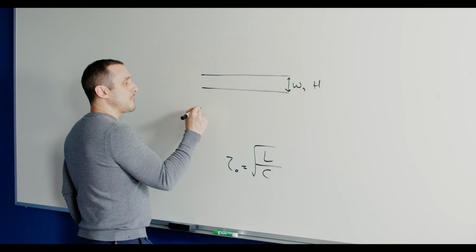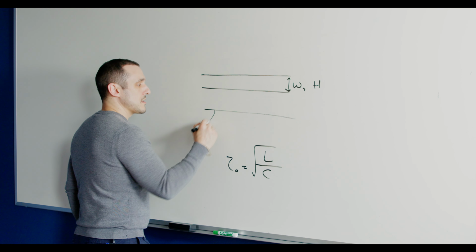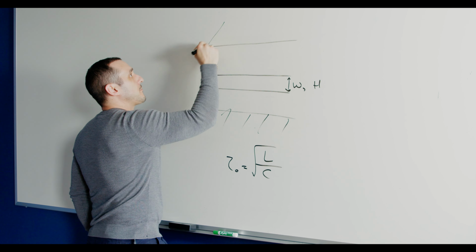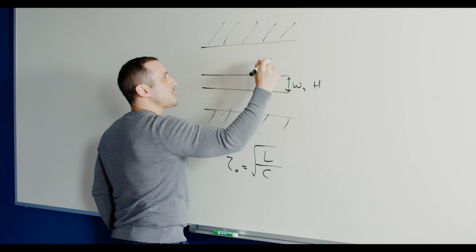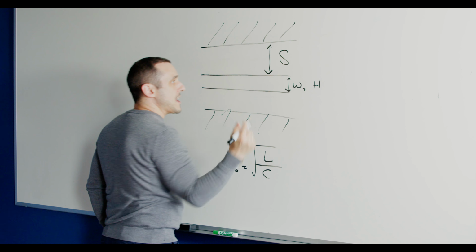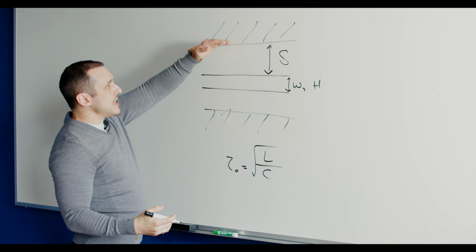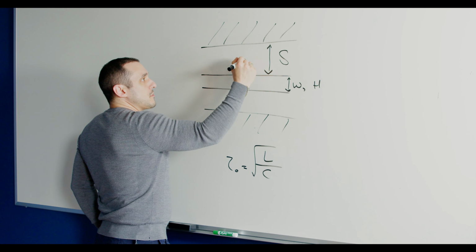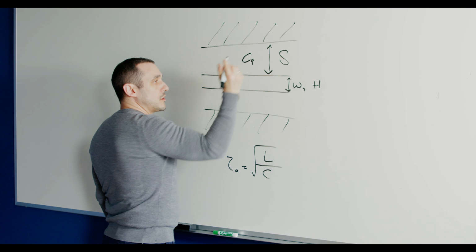Now, what happens if we were to then bring in some copper pour nearby to this transmission line? And we're just going to assume this is symmetric. And we have some spacing value here, which we'll call S. Well, as we bring in this grounded copper pour, we're adding in some capacitance here, which we'll call CP.